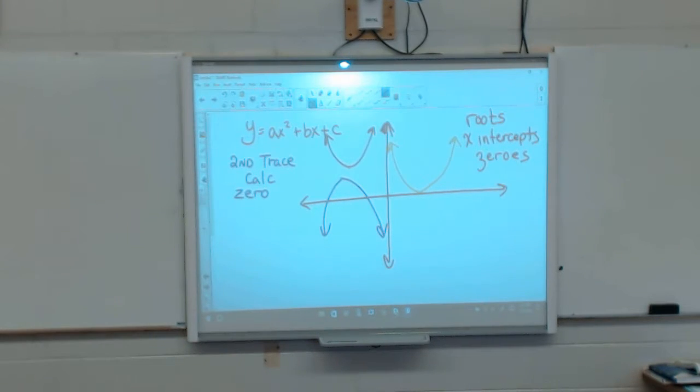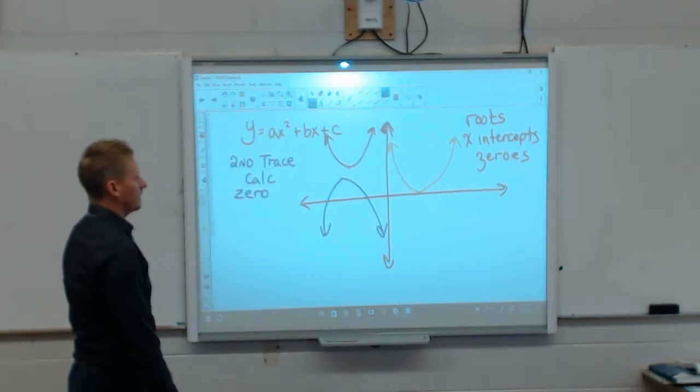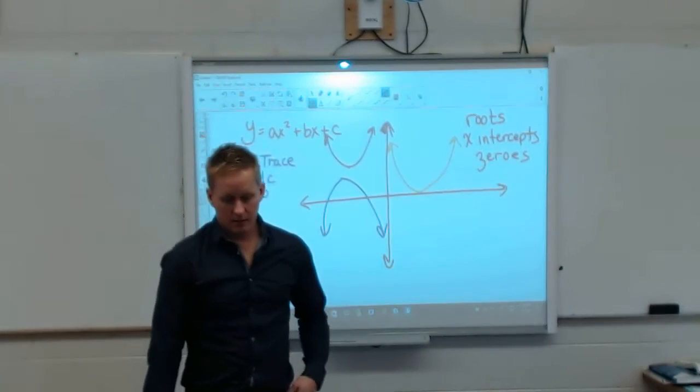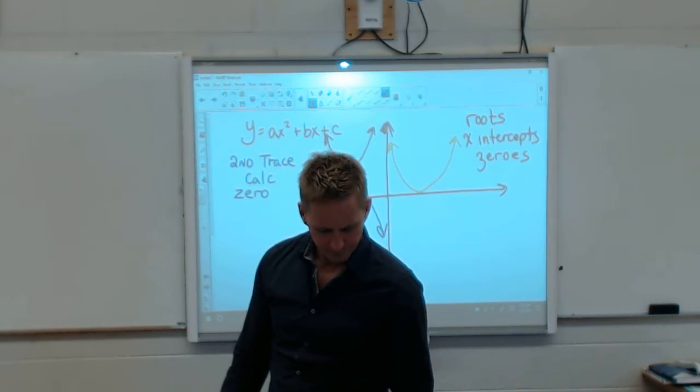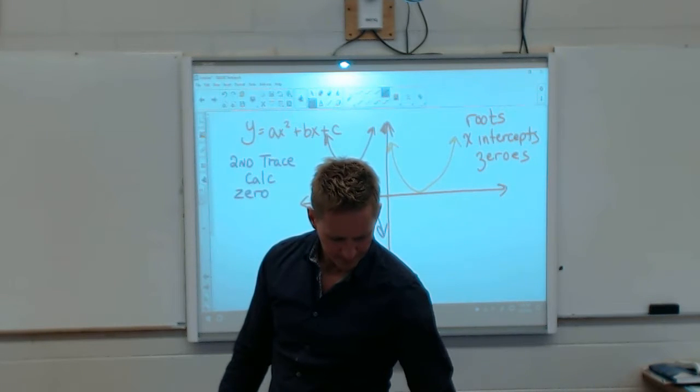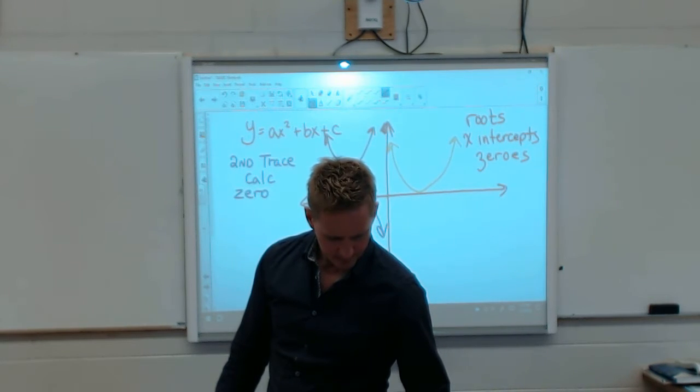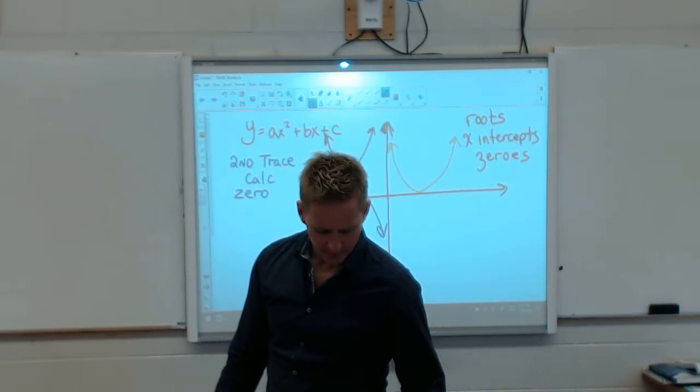So that's what you need for the graphing calculator. Right now, they are not asking you to solve these. Or are they? Says estimate. Yeah, no, we don't estimate anything. We find it.